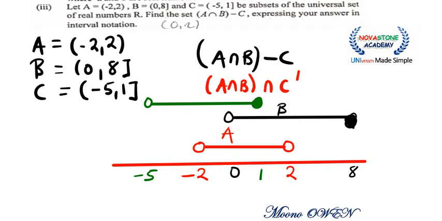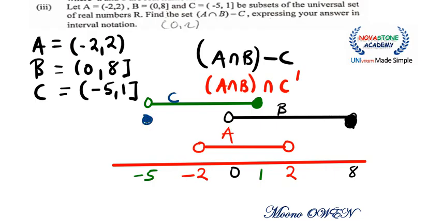Now what sets do we have here? We've been given A intersection B, which is easier to find, but we don't have C complement. So let's also indicate on our diagram where C complement is going to lie. Allow me to use a blue color. We're saying this is C, right? So C complement will be from here.